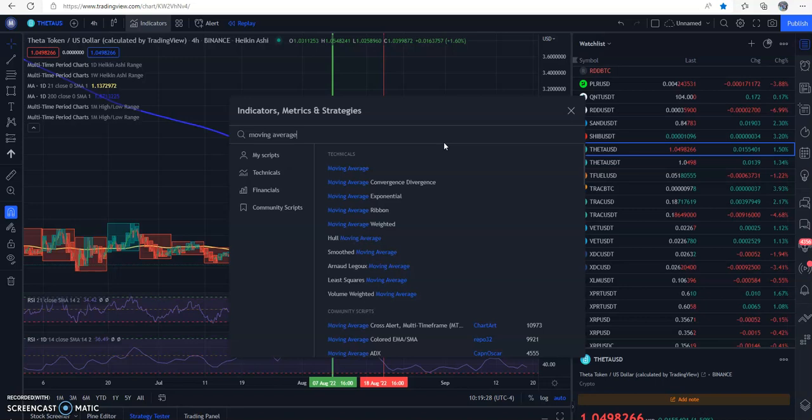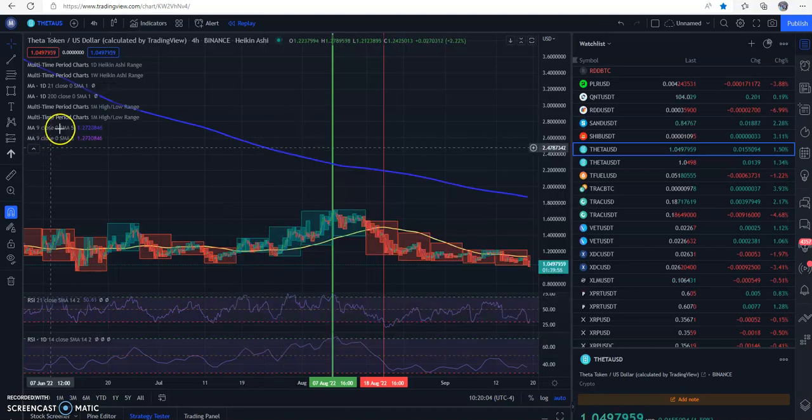You can do it all at one time. So then we'll hit the 2 moving averages, and then we'll wait. They should pop up right here. Okay, we'll close off of this, and there they are right there.